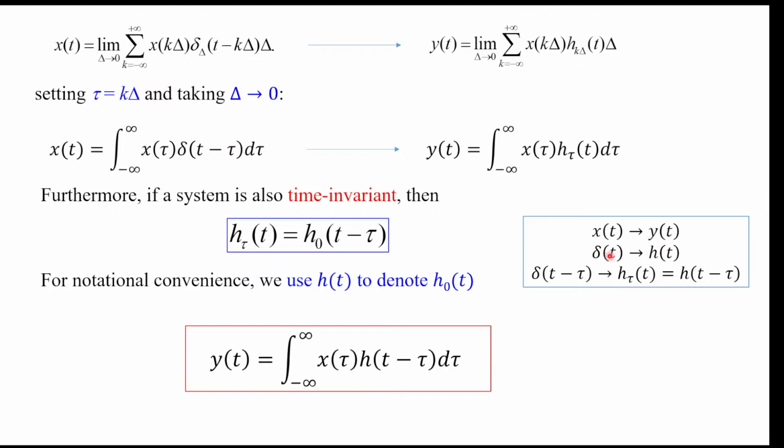So we write the response to delta of t as h of t, and the response to delta of t minus tau should just be h of t minus tau. So this part should be h of t minus tau, and finally we get the convolution of continuous time signals: y of t is the integration from minus infinity to plus infinity of x of tau h of t minus tau d tau.